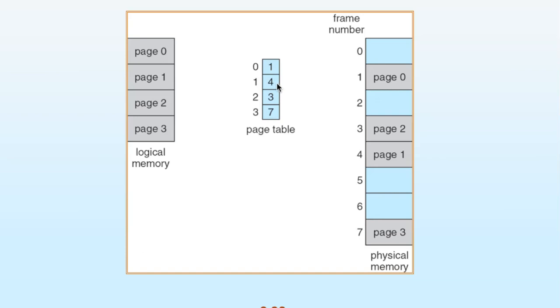So in terms of page table number 1, it's in frame 4. The first one, 0, is 1. We have 1 is 4. 2 is 3. What do we see here? Number 2 is in slot 3. Basically, it's a lookup table, essentially, to find out the logical and map it to the physical.